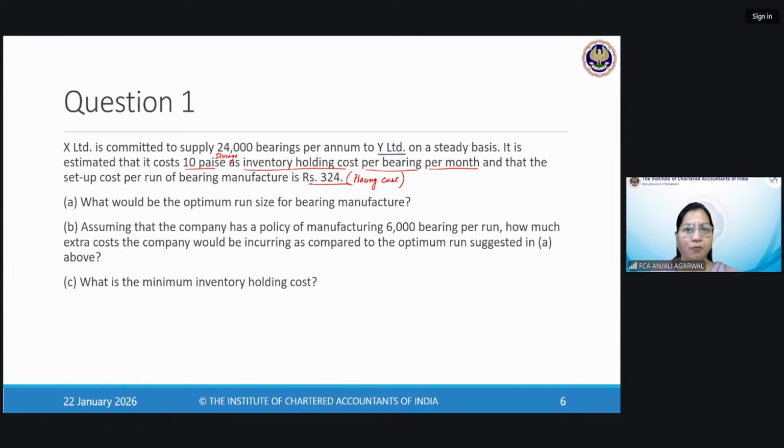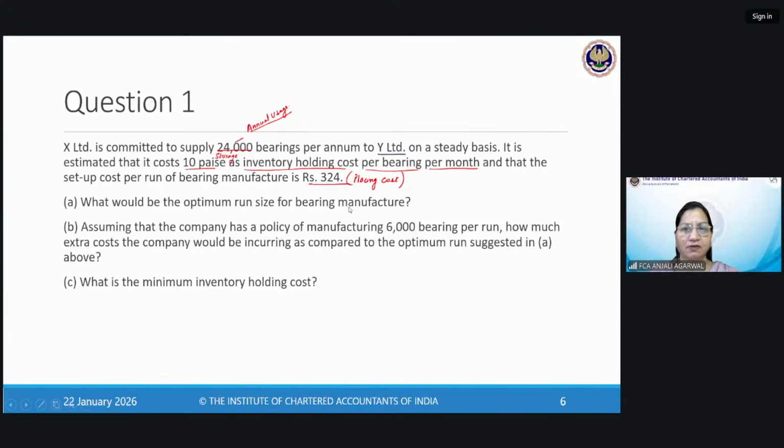What should be the optimum run size for the bearing manufacturer? So here, your usage is annual usage.